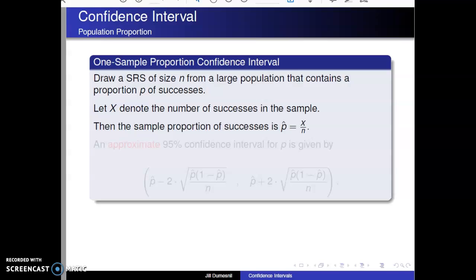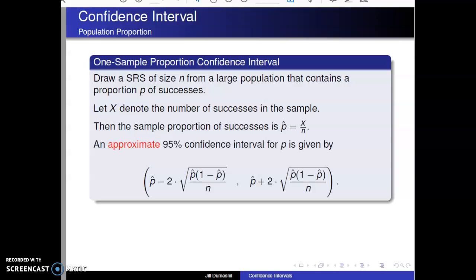Then the sample proportion of successes is p hat given by x divided by n. The formula for computing an approximate 95% confidence interval for the population proportion is given.